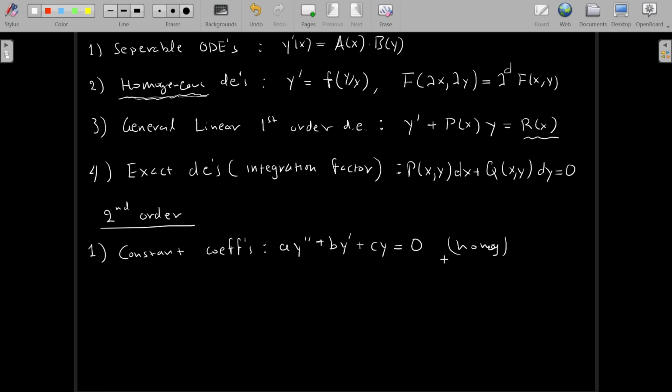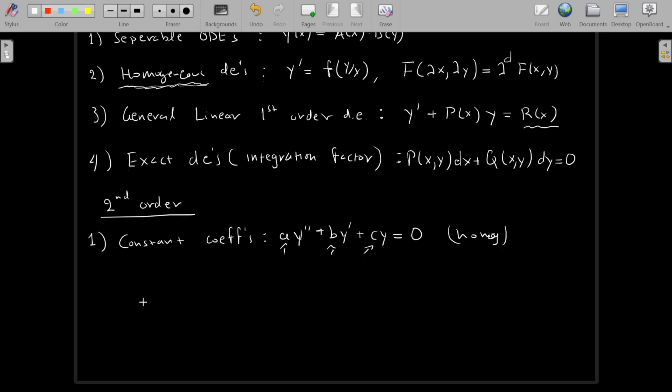This is a homogeneous equation, and we will also check how a non-homogeneous equation of this form can be solved based solely on the non-homogeneous term, right? And of course these are all constants.